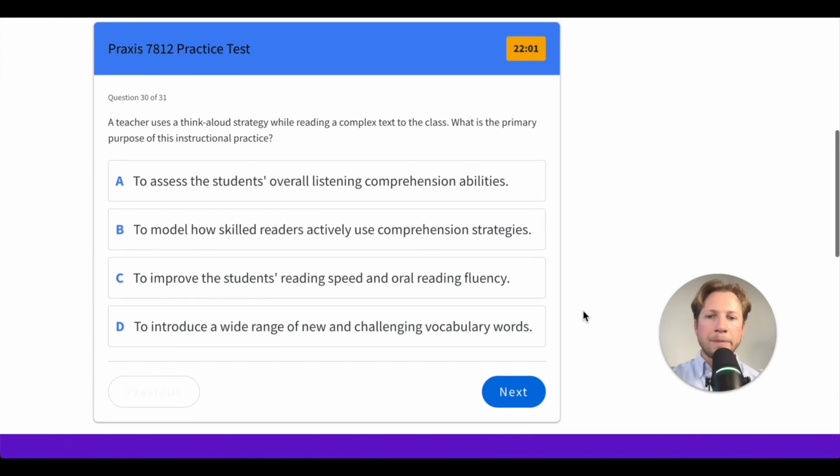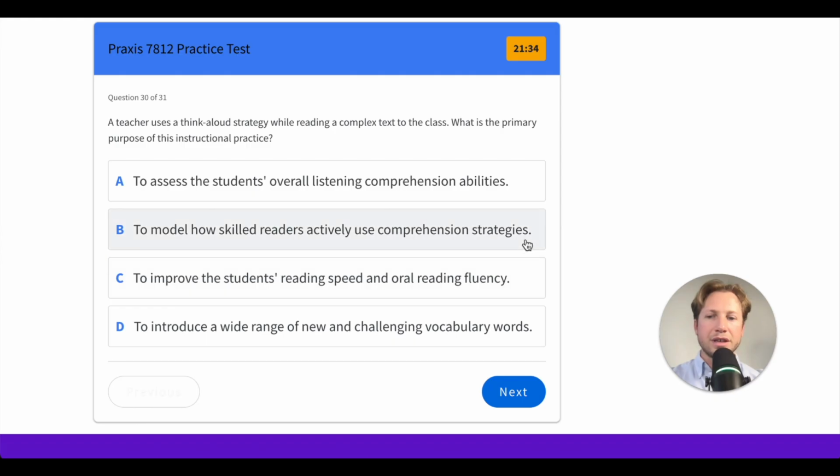Here we go. A teacher uses a think aloud strategy while reading a complex text to the class. What is the primary purpose of this instructional practice? All right, here. Teacher uses the think aloud.